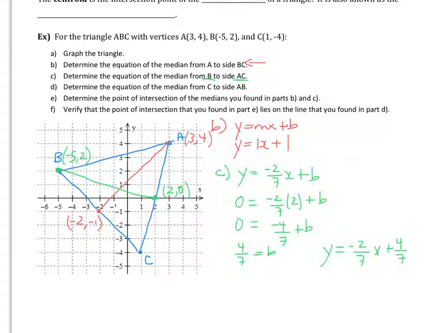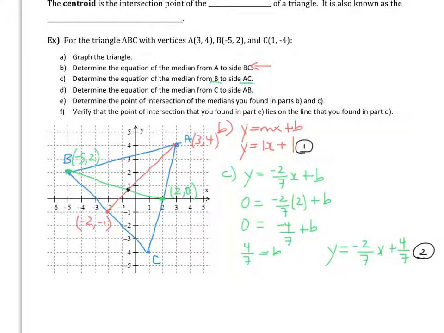Okay, now the centroid would be located right here where those intersect, which is not an easy point to read from the graph. So these don't always work out to be nice, easy points to read on a graph, so we have a bit of work ahead of us. At this point, we actually have enough information to be able to solve for that point of intersection. I could call this equation number 1 and this equation number 2, and I could reach back to what we did in our first real unit this course and solve my system.